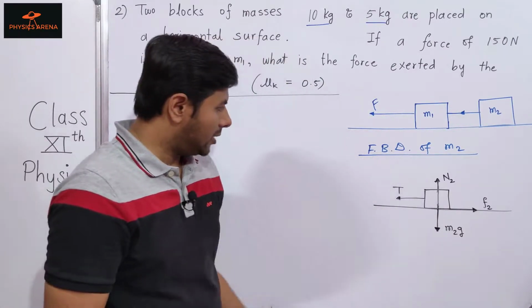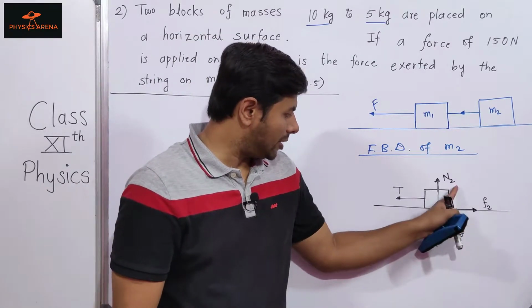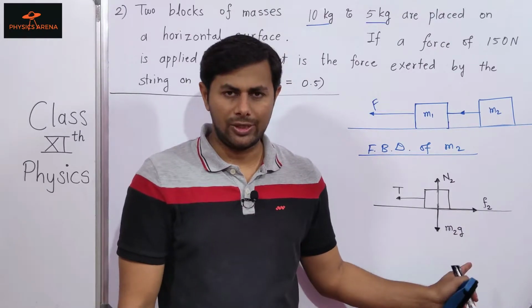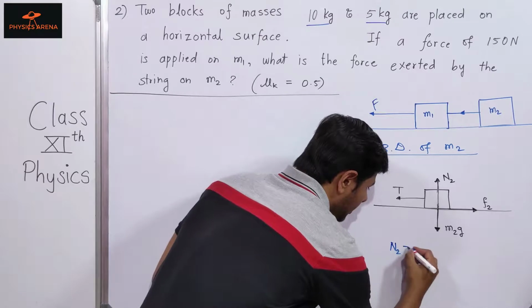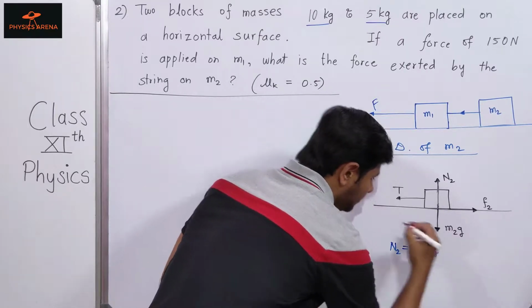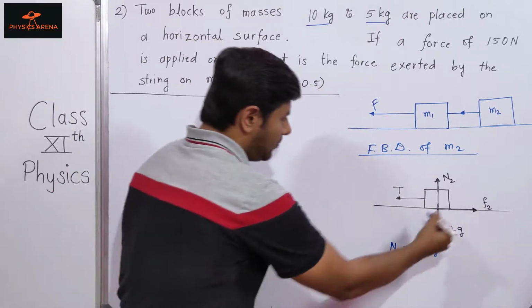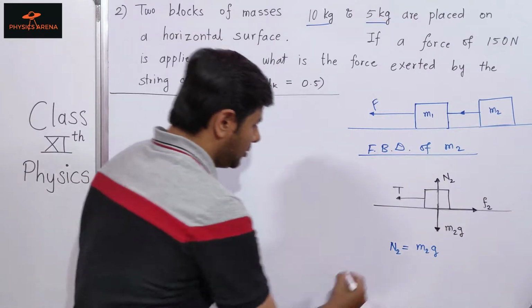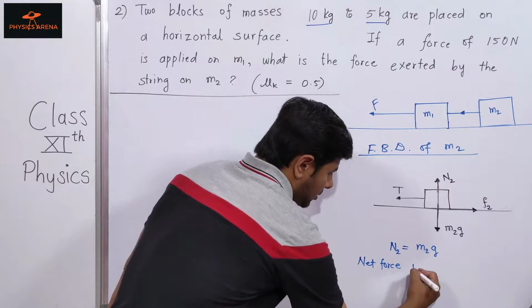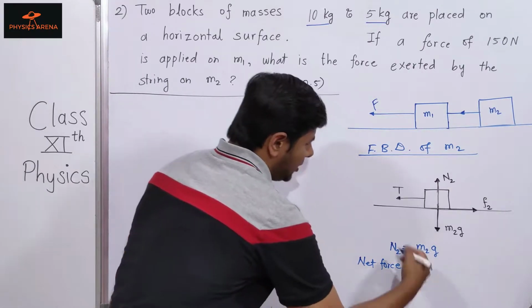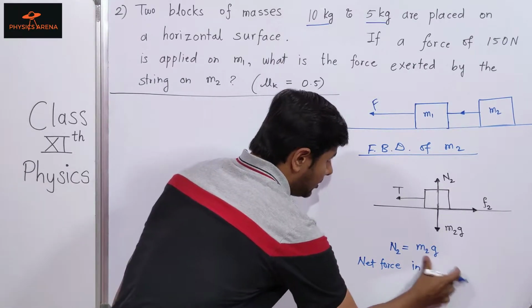Now we can write down the equations. So the normal reaction balances the gravitational force or the weight. So N2 is equal to m2 times g. But now the net force in the horizontal direction. So the net force in the horizontal, let me call it x direction.